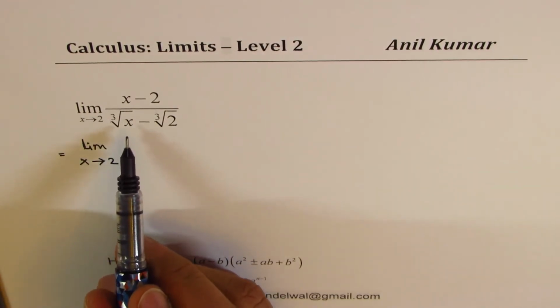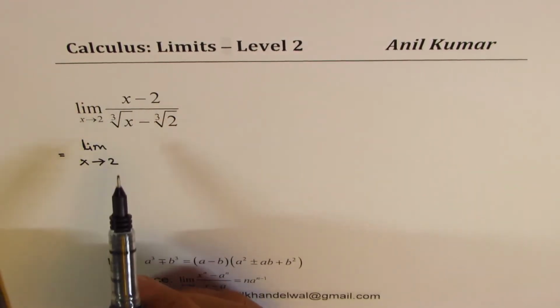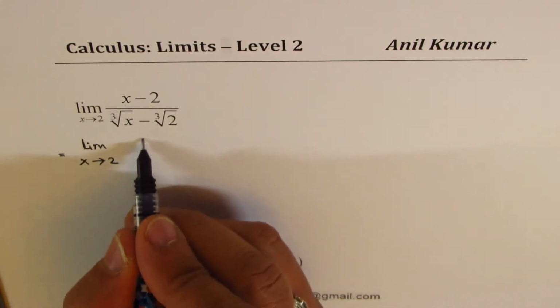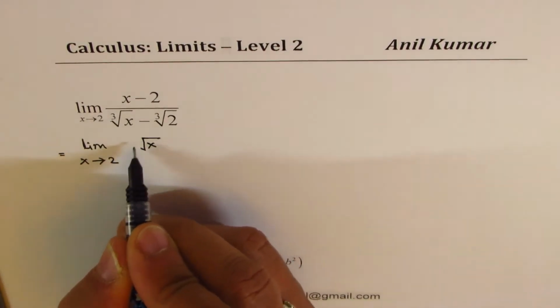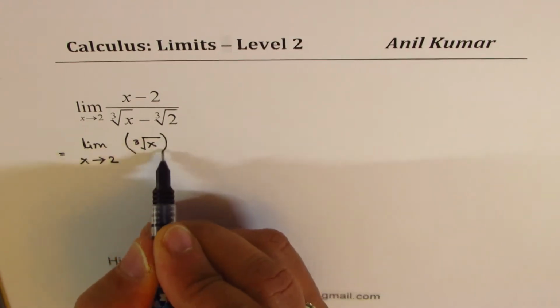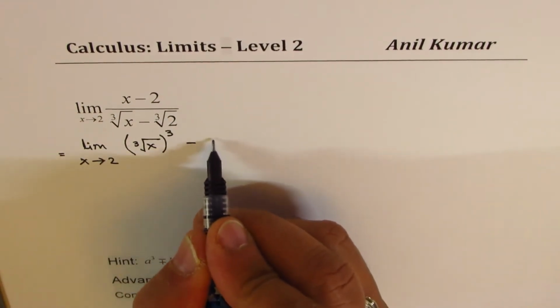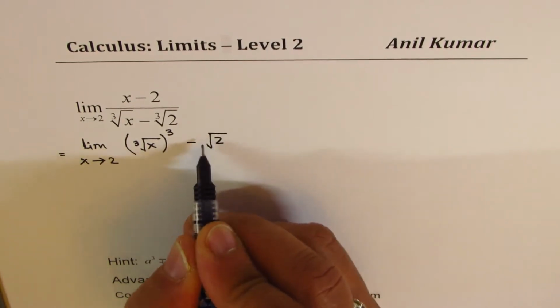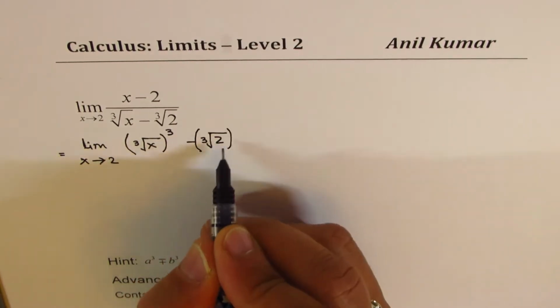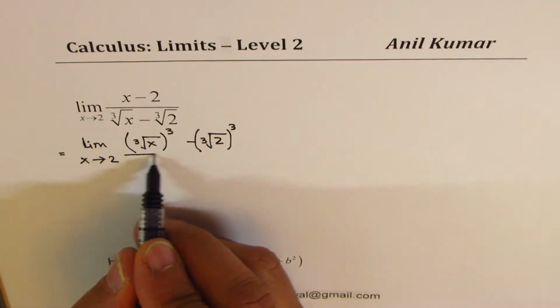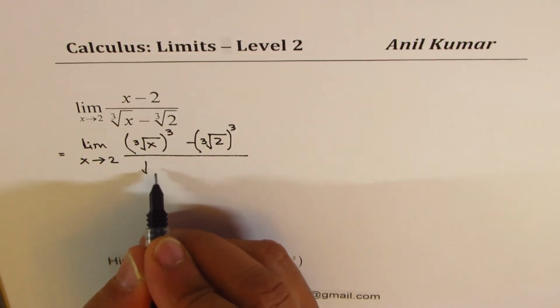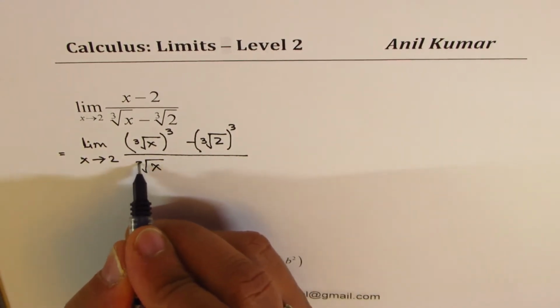Now, we basically want the cube of something, right? x could be written as cube root of x whole cube. Does that make sense to you? And 2 could be written as cube root of 2 whole cube. In the denominator, we already have something which is a cube root.